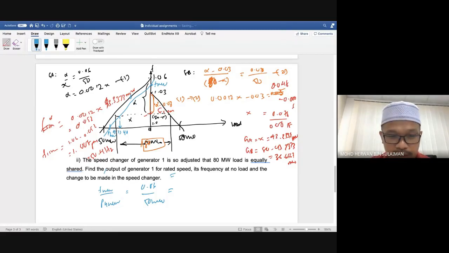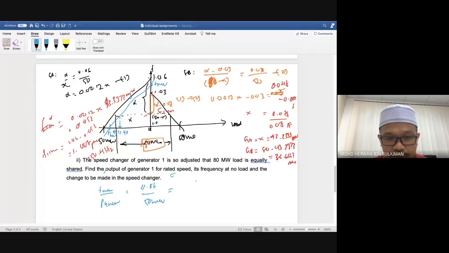So how we want to find our F new is, so you can make 1.06 minus F new. Okay, you know already that your new value at the PG here, common frequency is 40, right? Yes, 40. So you know here is 40. So you want to find your F new.